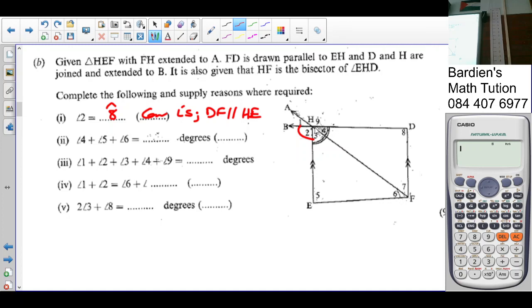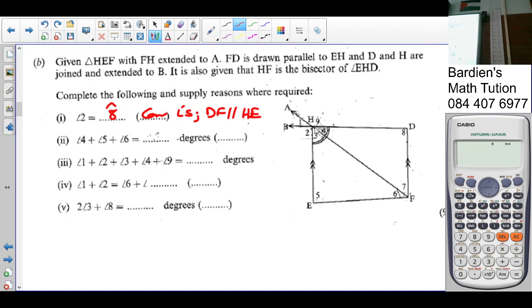I would like to know what angle did you say? 7. Angle 2 and angle 7. How did you get angle 7? Alternate. But what is angle 7 actually equal to? Understand, Michael? It's fine if you make a mistake, so we can highlight it and show the others not to make the same mistake. That's the idea.